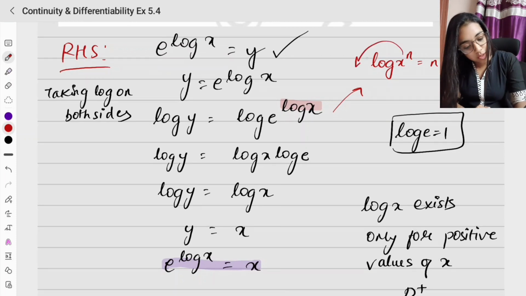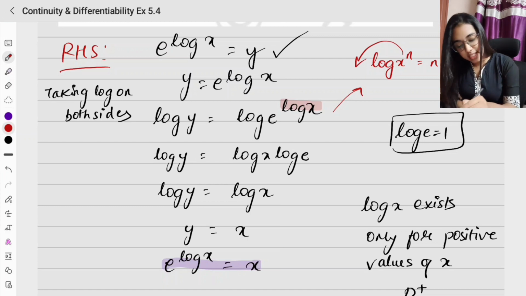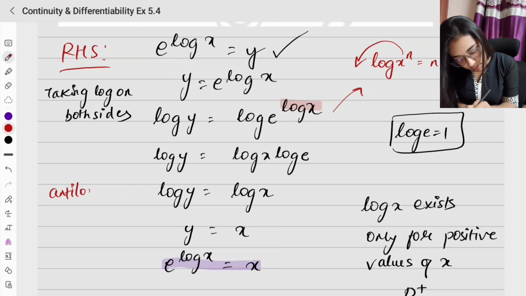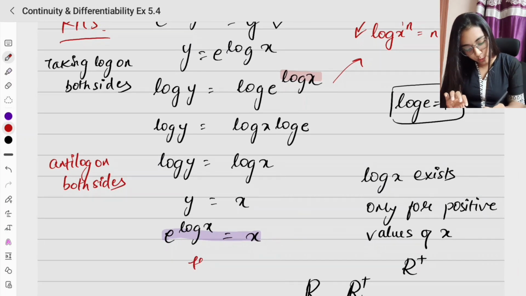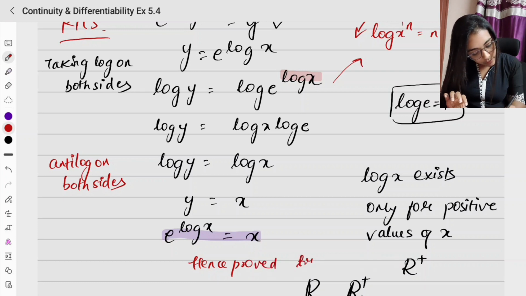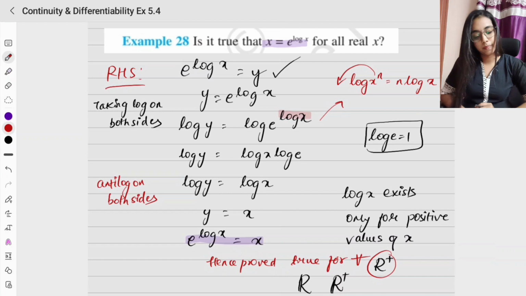The power comes down. Next, in the last step, we are taking the anti-log on both sides. This is your final answer. So you have proved. Hence proved, and this is true for all positive real numbers. Okay, copy.